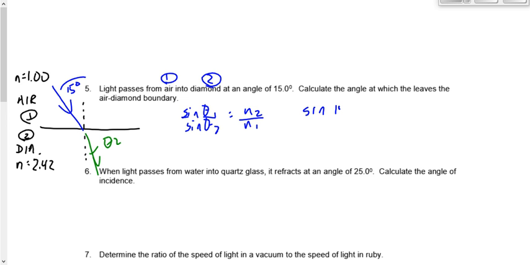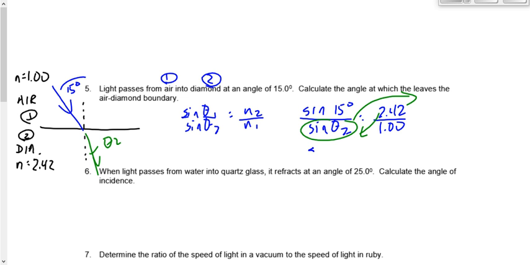Sine 15 degrees over sine theta 2 equals n2, which is 2.42, over 1.00. I like it when we have air as our first medium because it always means that 1 is the denominator on the right-hand side. Just makes the math a little bit easier for us. Now we want to find theta 2, so we're going to take sine theta 2 up by multiplying, and then the 2.42 down by dividing.